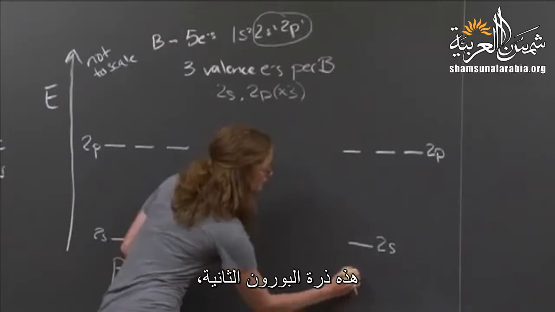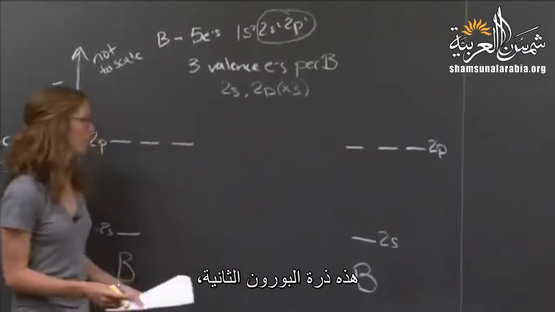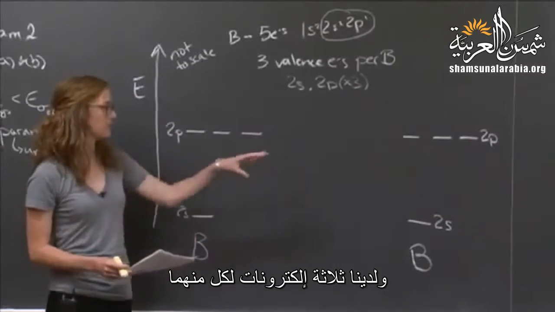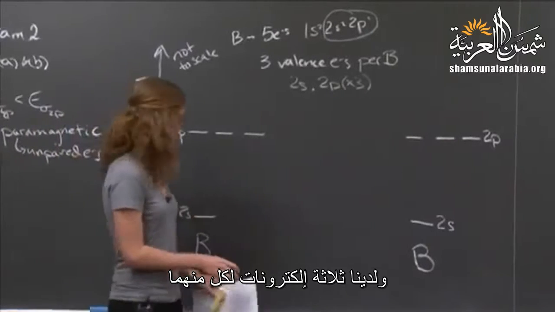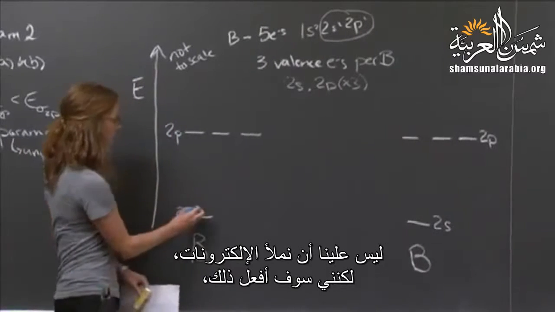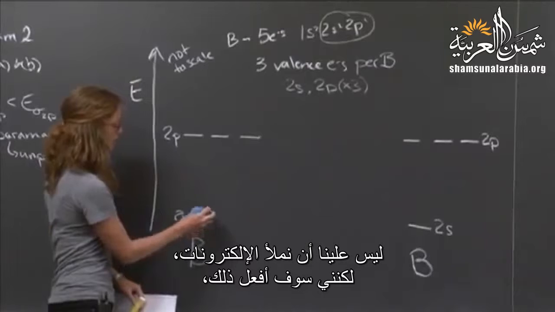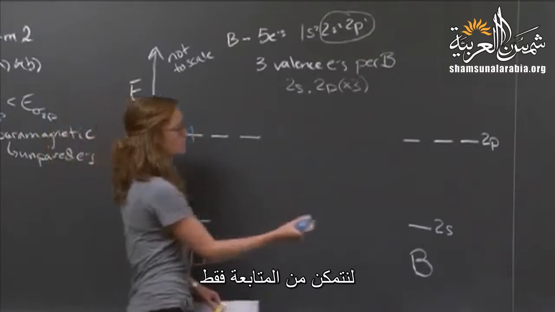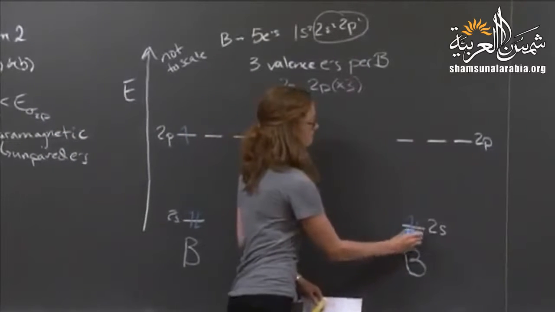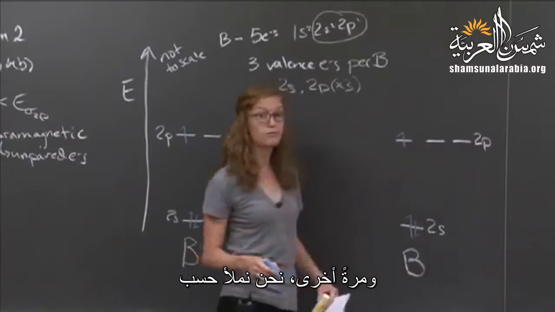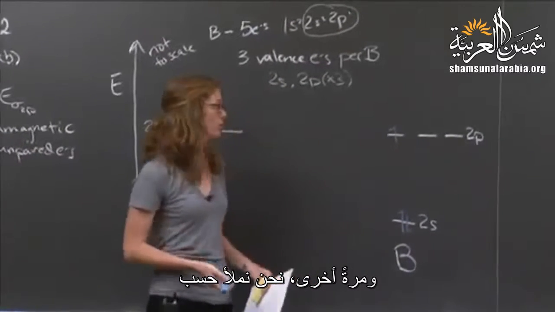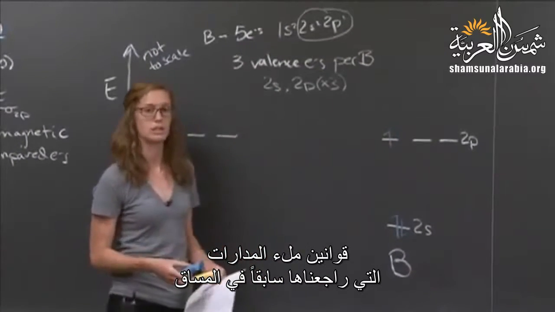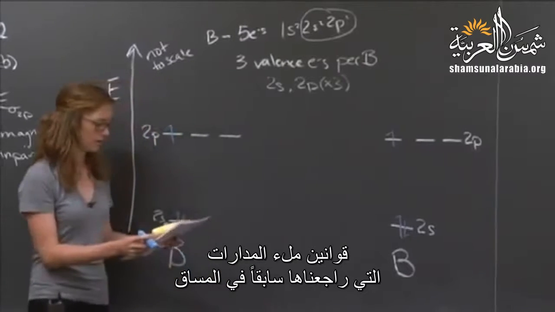So this is, again, boron. And we have 3 electrons for each. We don't have to fill them in, but I'm going to do so just to keep track. And again, we're filling according to the orbital filling rules gone over earlier in the class.